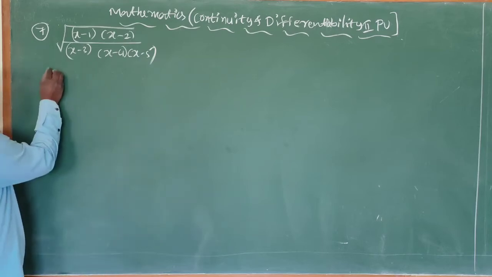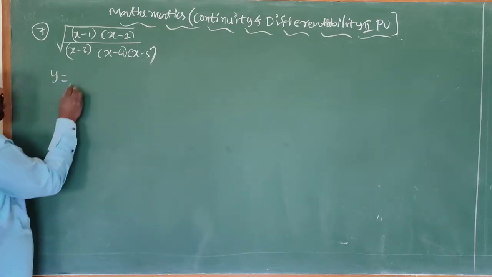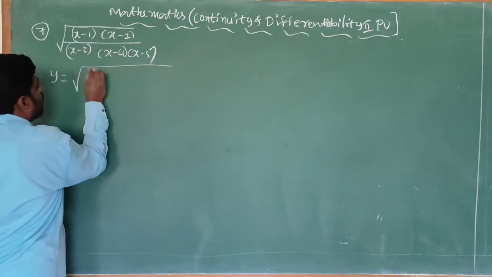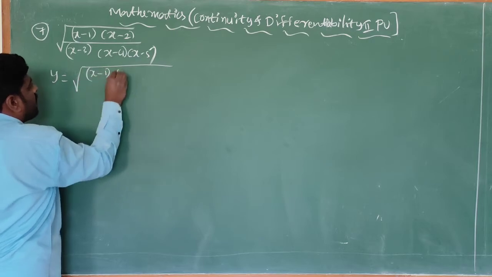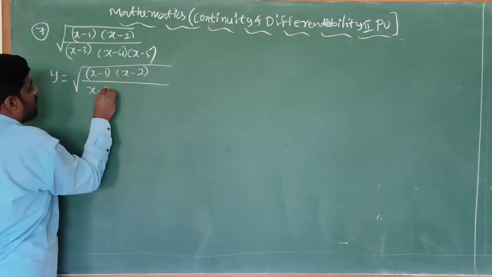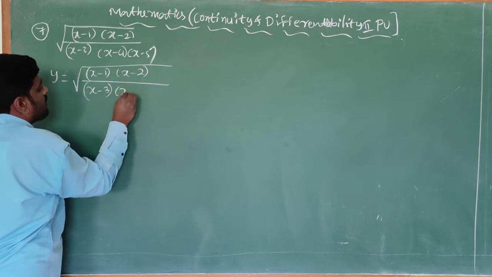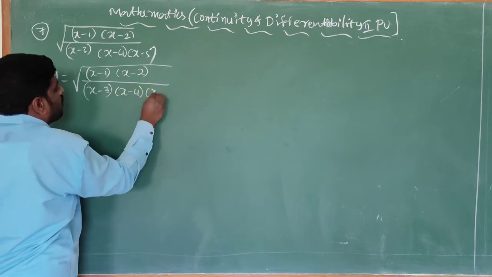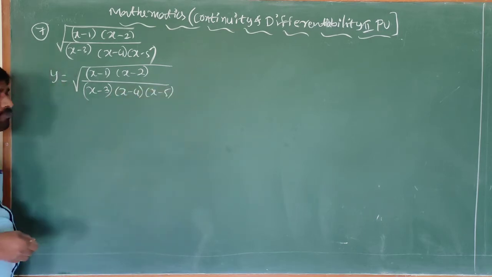So the given function can be taken as y. y is equal to square root of (x minus 1)(x minus 2) divided by (x minus 3)(x minus 4)(x minus 5).